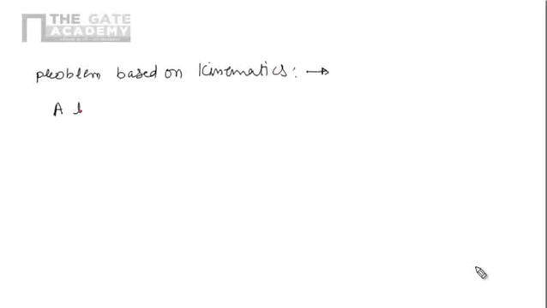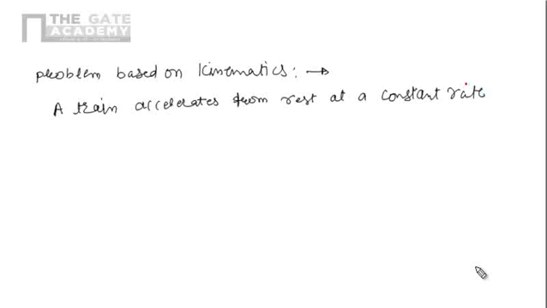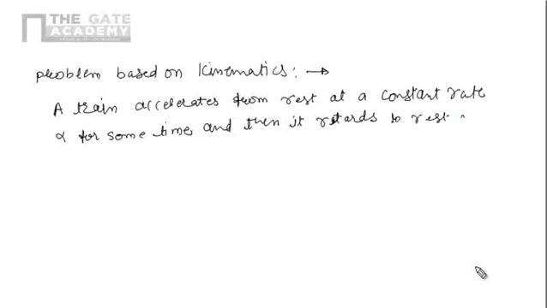A train accelerates from rest at a constant rate alpha for some time, and then it retards to rest at a constant rate beta.